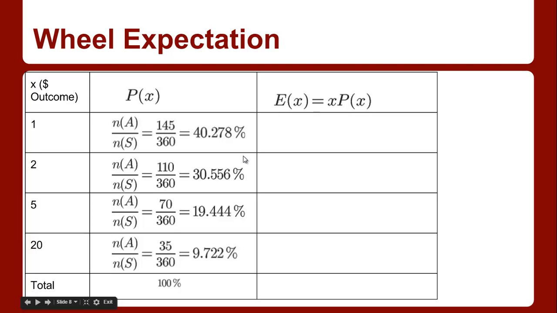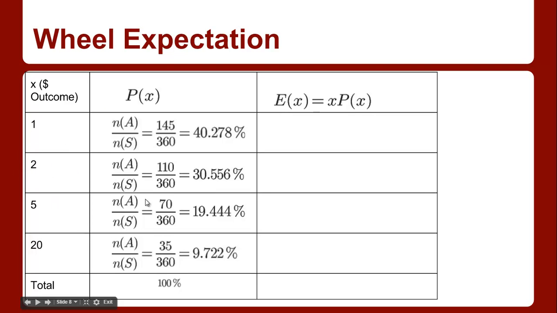That's what we'd expect. So what we do for the average is we take the $1 that's going to come up 145 times. We're basically averaging up 145 ones. That's what the average is. So we're going to multiply the 1 by the 145.